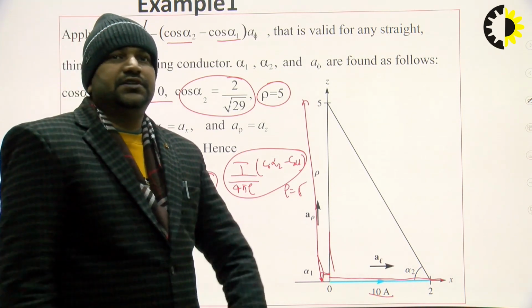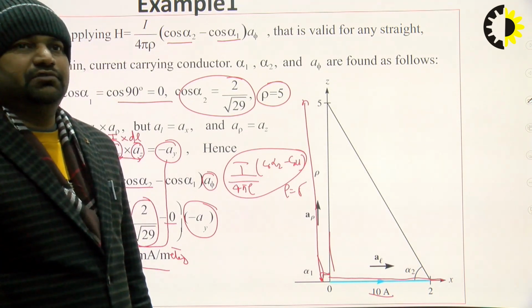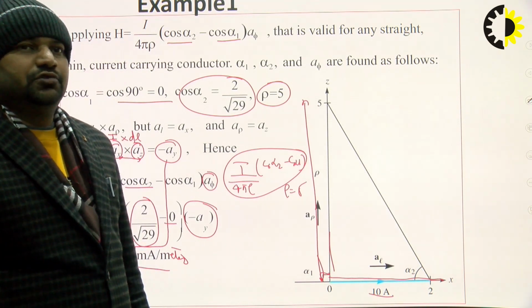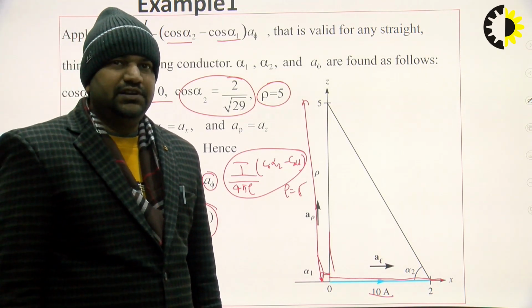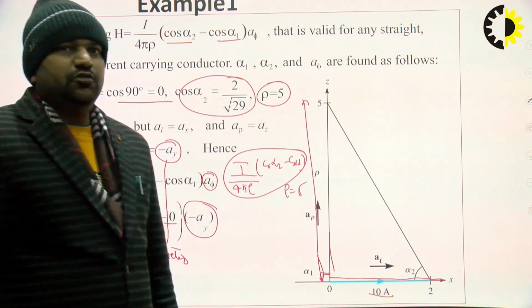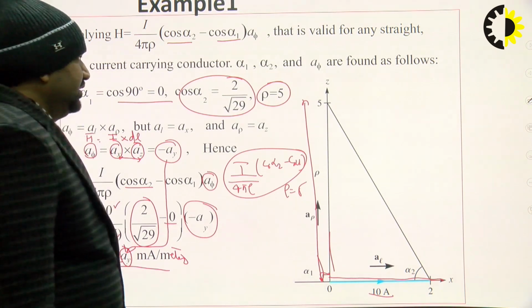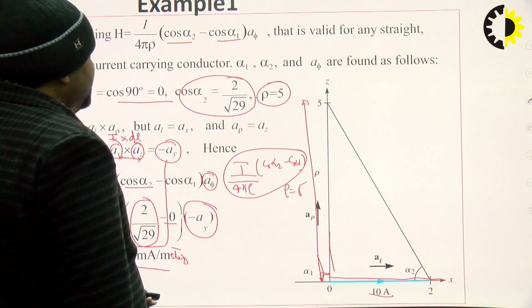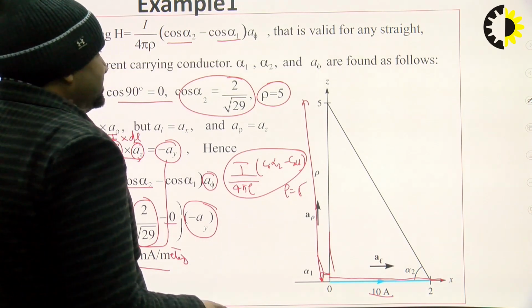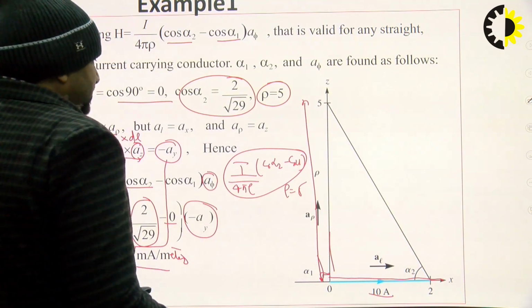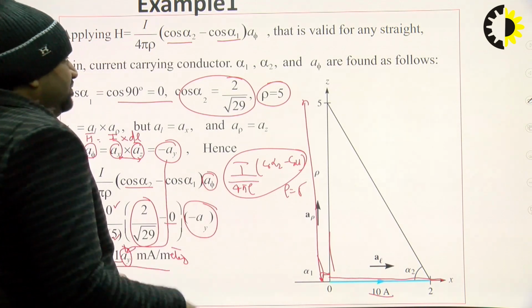So this is the summary of this particular video lecture. In this lecture, we defined how we calculate the magnetic field intensity, and one numerical was calculated: how we find the magnetic field intensity of a current carrying conductor having current in the direction of x and length in the direction of az.